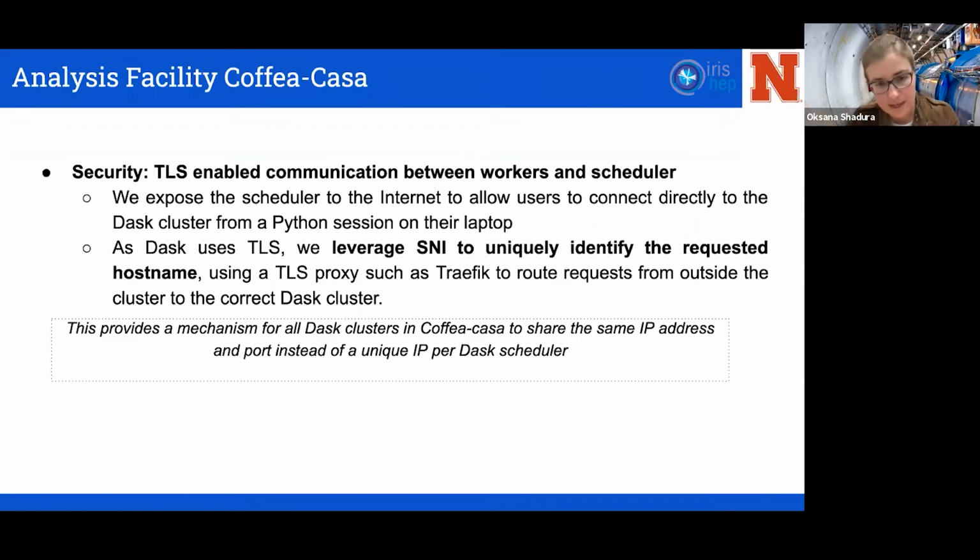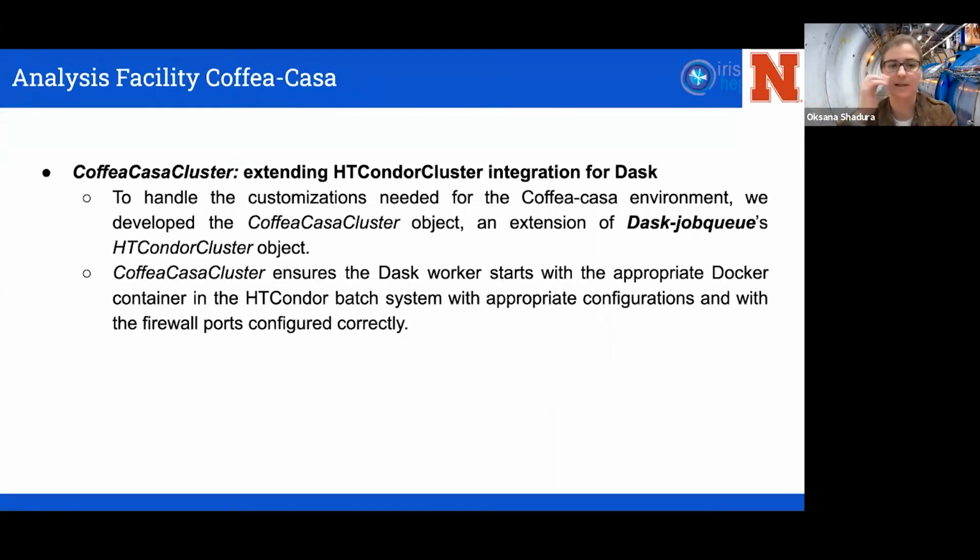This allows all our Dask clusters in the analysis facility in Coffea-Casa to share the same IP address and port instead of a unique IP per Dask scheduler, which really simplifies the setup of the analysis facility.